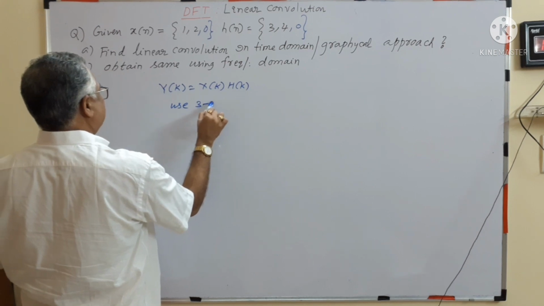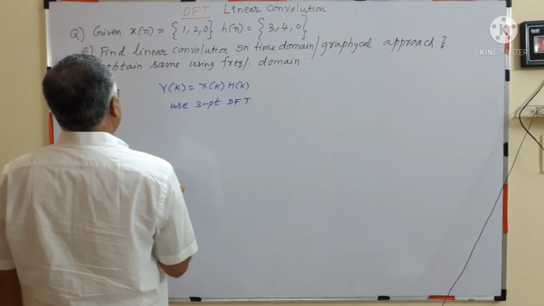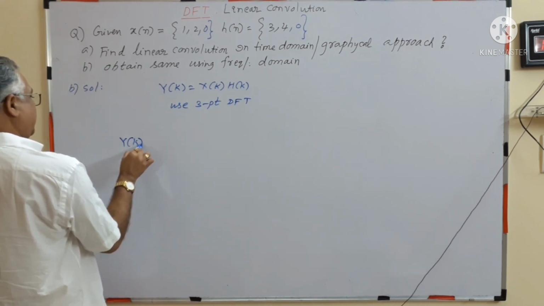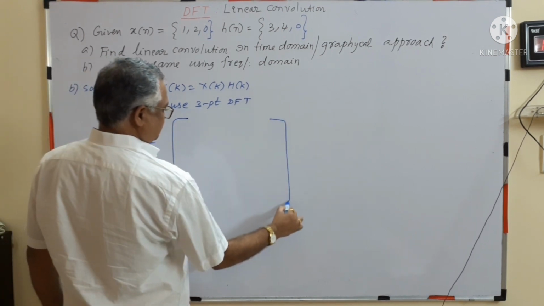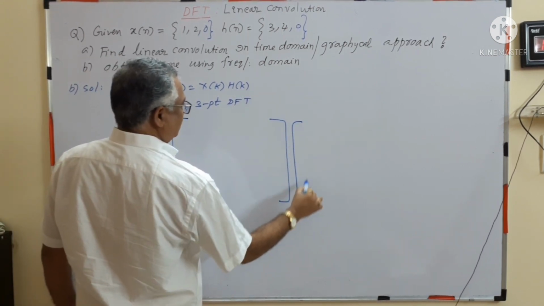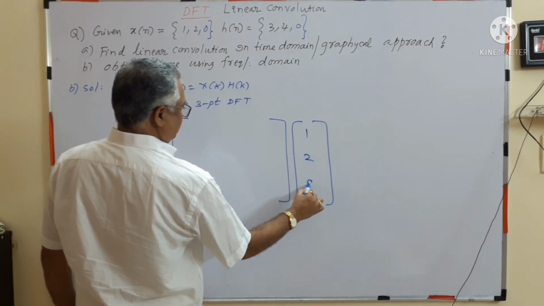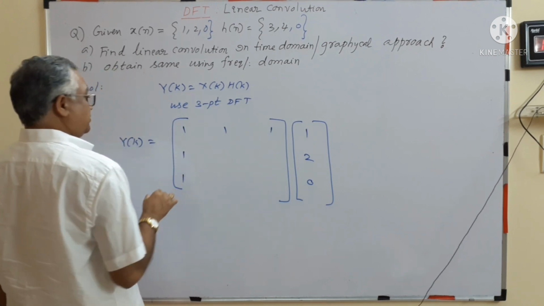Use 3-point DFT. So to find y of k, this 3-point matrix multiplied with 1, 2, 0, 1, 1, 1, 1, 1.